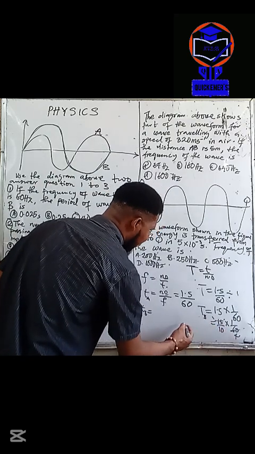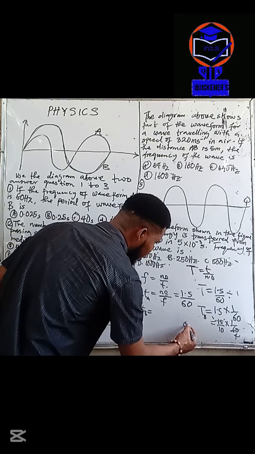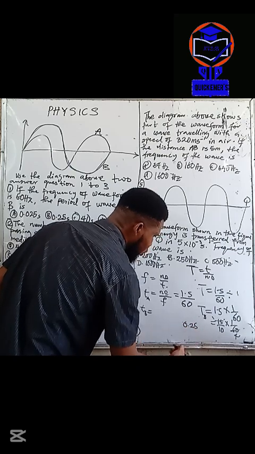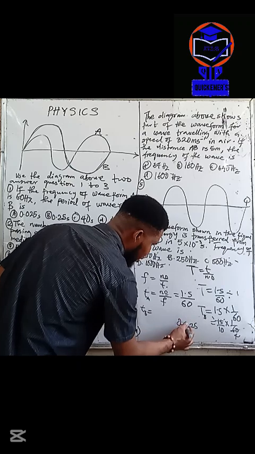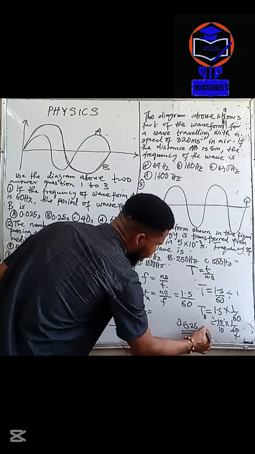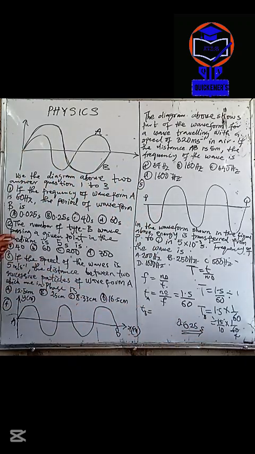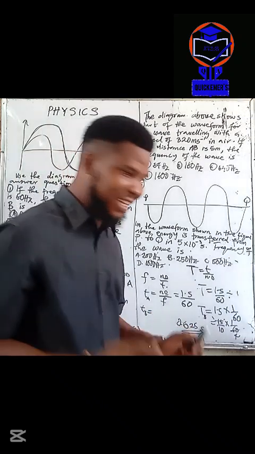Since 1 over 4 is 0.25, 1 over 40 is 0.025 when you press your calculator. 0.025 seconds, so our answer is option A. Option A is the correct answer.